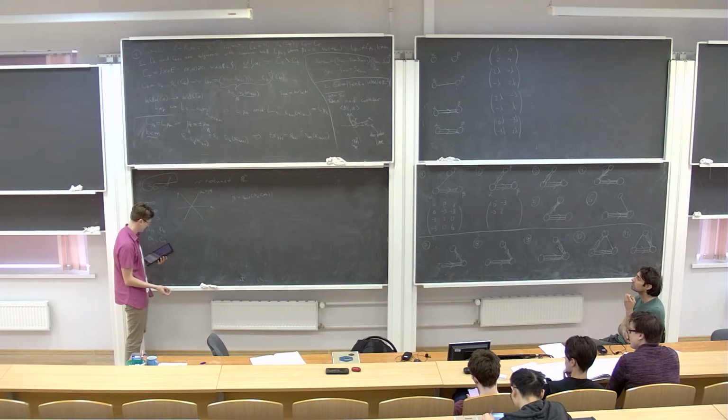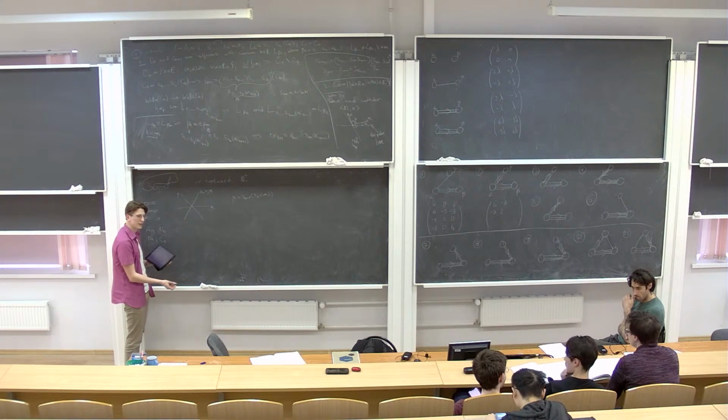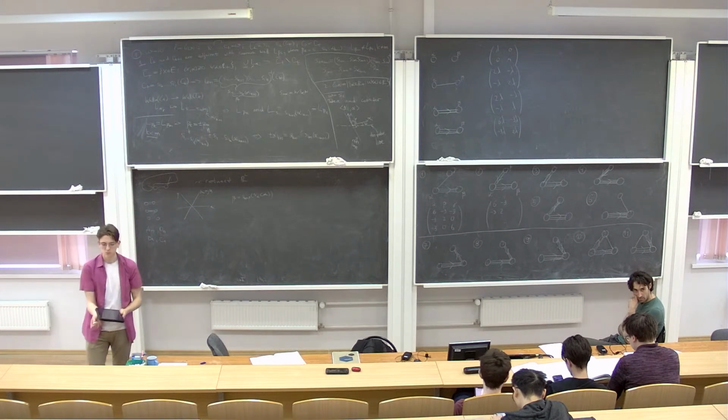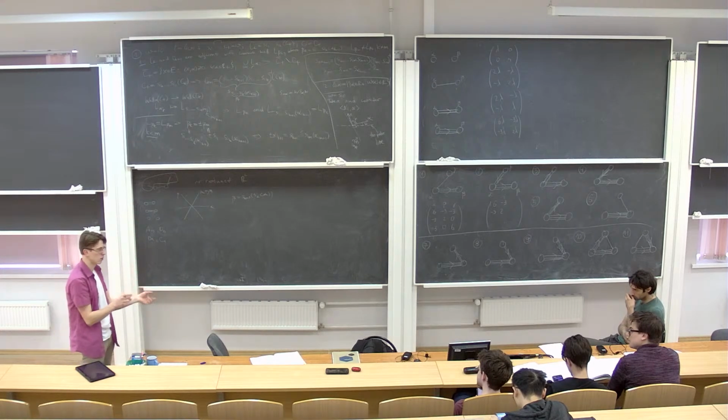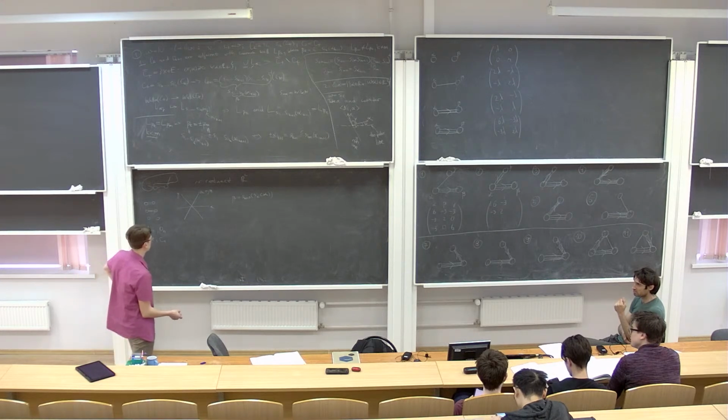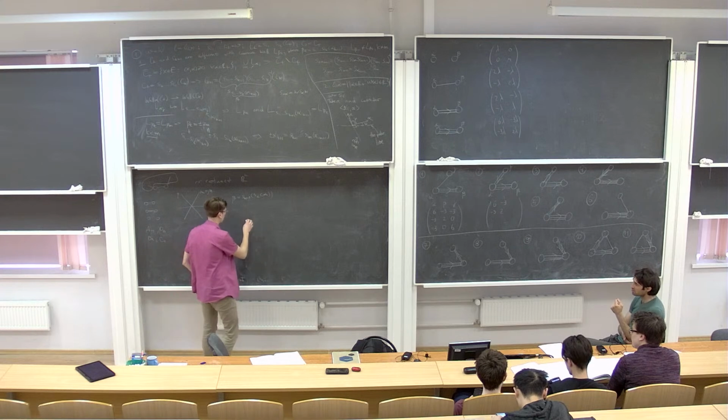Well, actually, it's true. I think it's because of transitivity, so it's enough to check for simple roots. Why? Because all other roots are obtained from simple roots by the action of the Weyl group.